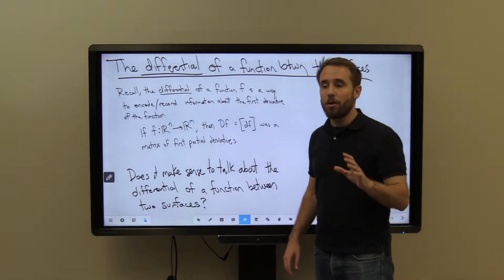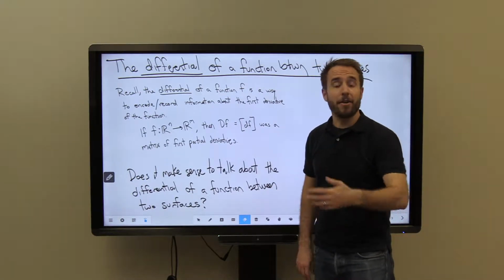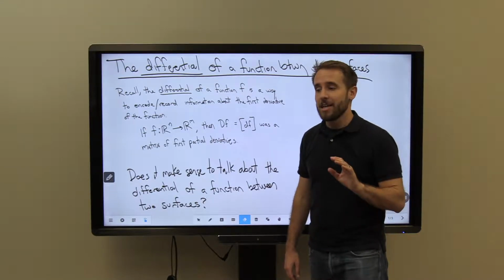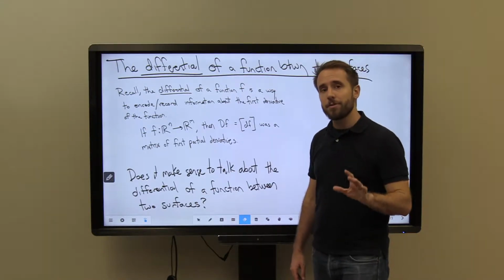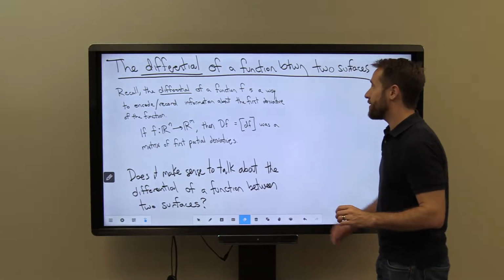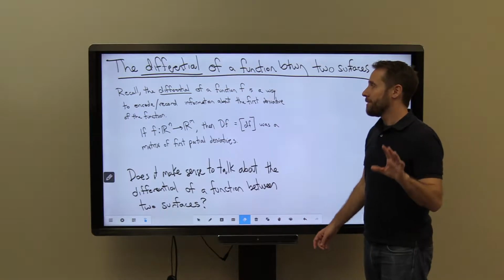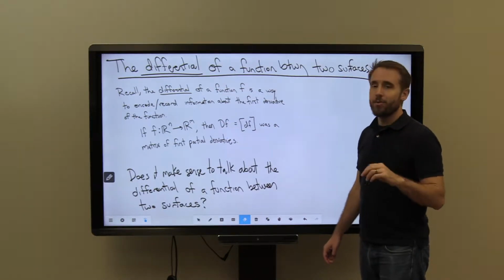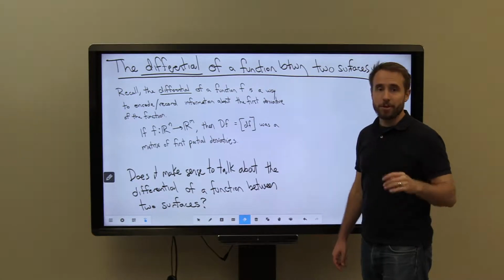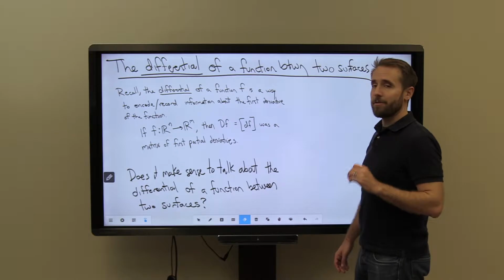Recall the idea of a differential was introduced in Calculus 3, and back earlier in this video series, as a way to record first derivative information about a complicated function. Specifically, if you're given a function f, then a differential is a way to record a lot of information about the first partial derivatives of our function.